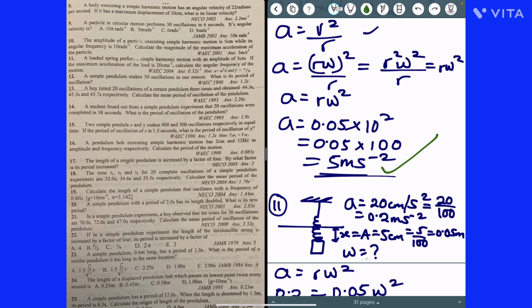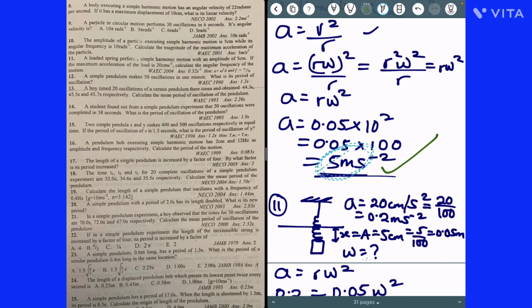So take note of that. Now, if the maximum acceleration is RW squared, that means our acceleration will be 0.05 times 10 squared. So that gives us 0.05 times 100, which is 5 meters per second squared.